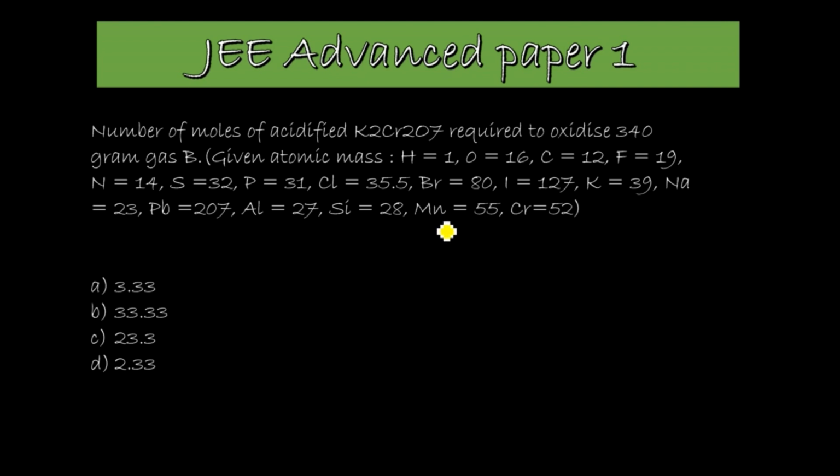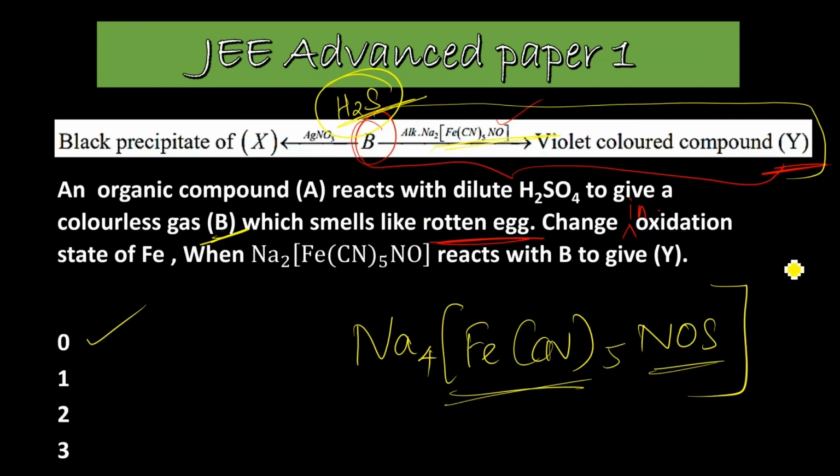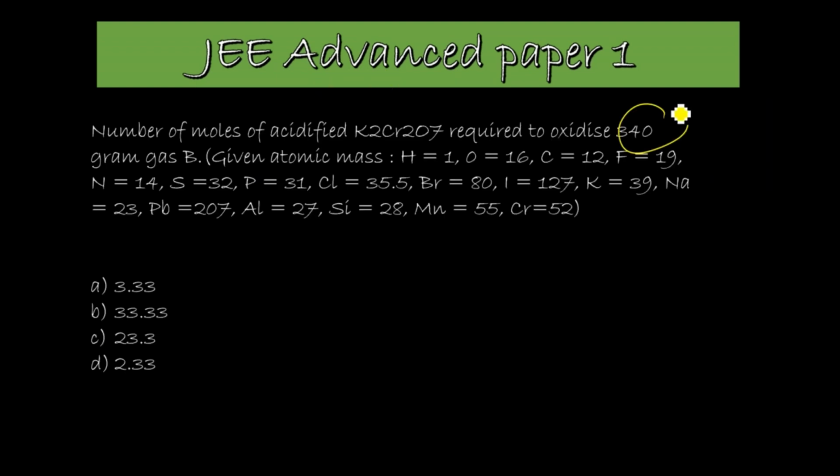Moving on to the next question. Number of moles of acidified potassium dichromate required to oxidize 340 gram of gas B. So what is gas B over here? That is H2S. We have 340 grams of H2S and they are asking the number of moles of acidified potassium dichromate.